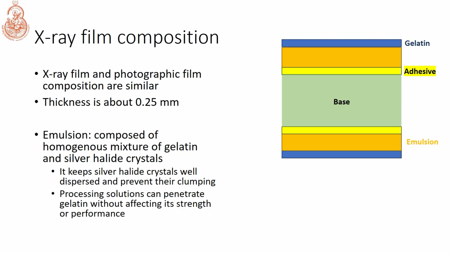The gelatin keeps these silver halide crystals well dispersed within it and prevents their clumping. The processing solutions can easily penetrate through this gelatin without affecting its strength or performance for converting the latent image into a radiographic image.